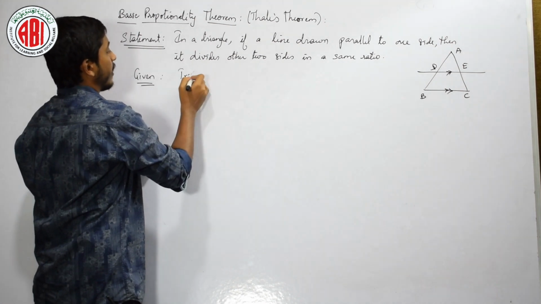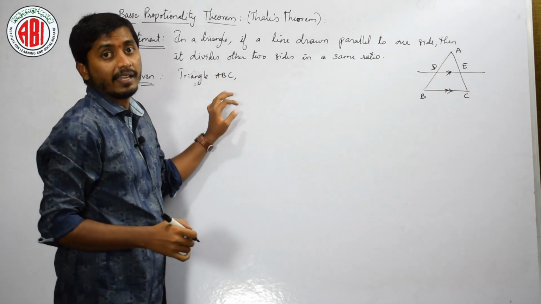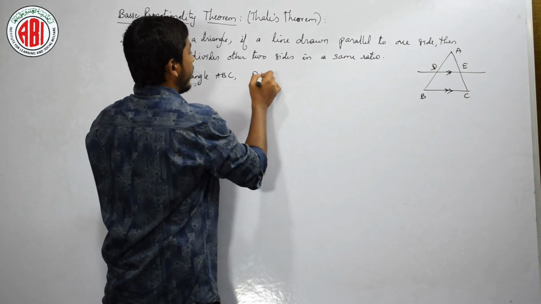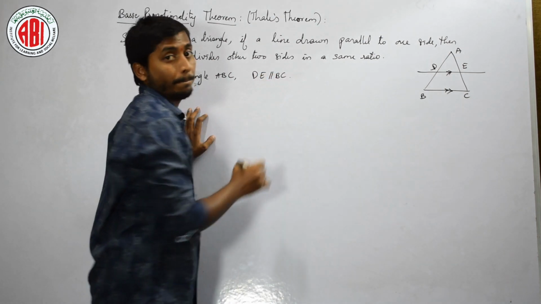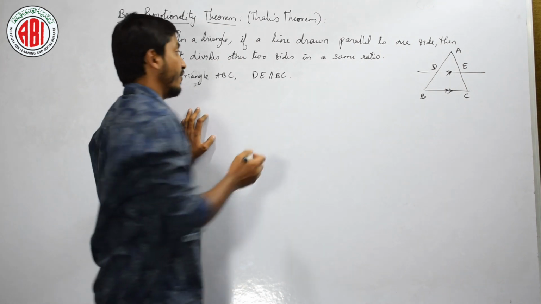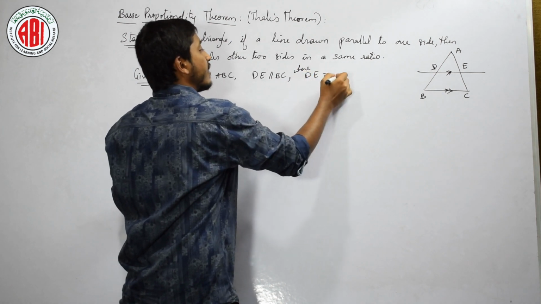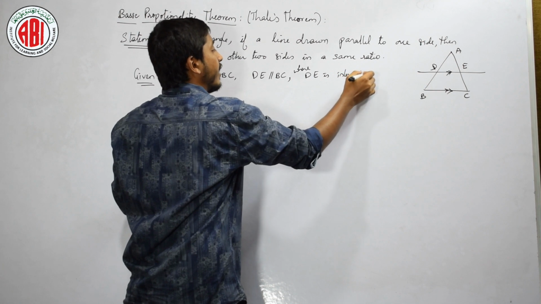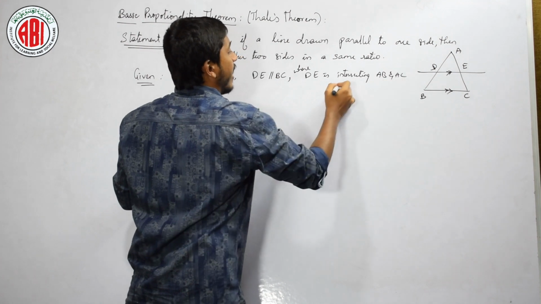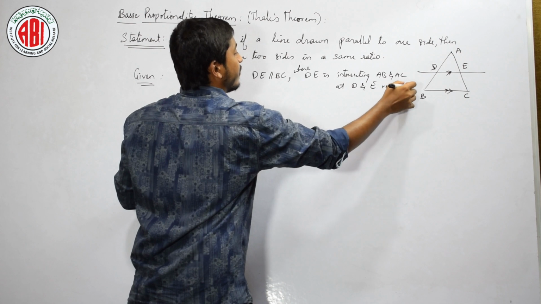Given a triangle ABC, where DE is parallel to BC, where DE is intersecting AB and AC at D and E respectively.